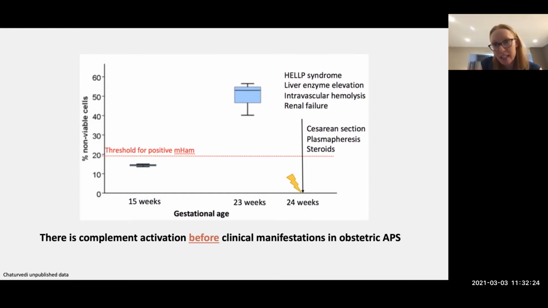Can we start to identify things ahead of time, knowing that there is this complement activation happening under the surface?